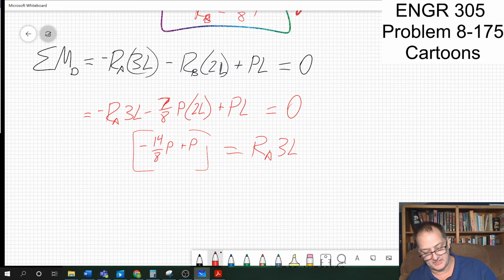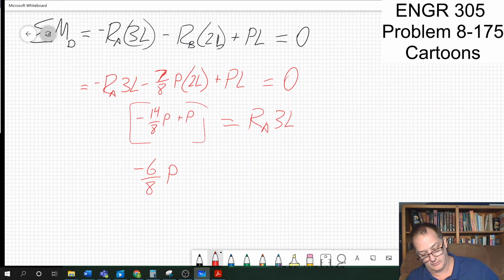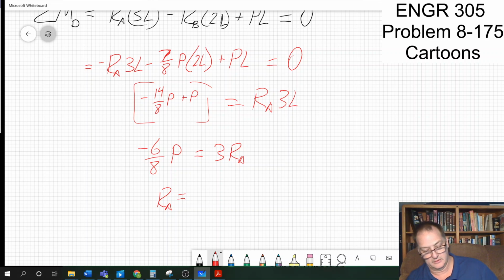That's going to be plus an 8/8, so it's a minus 6/8 P, divided by 3, equals 3 RA. RA is equal to minus 1/4 P.